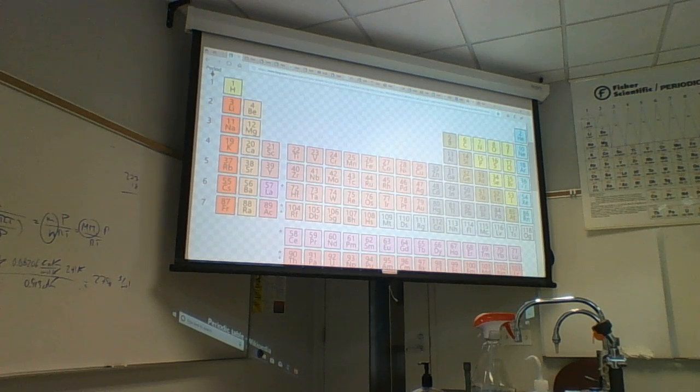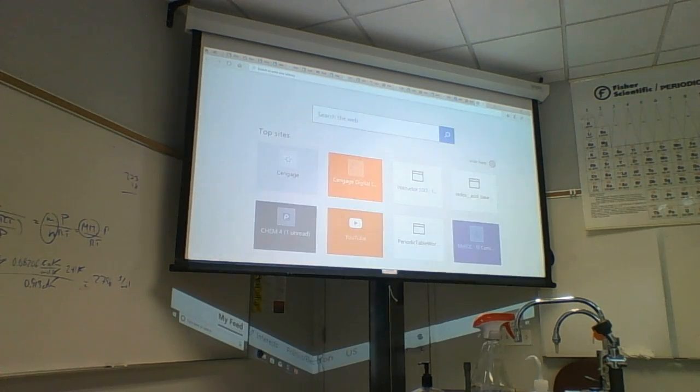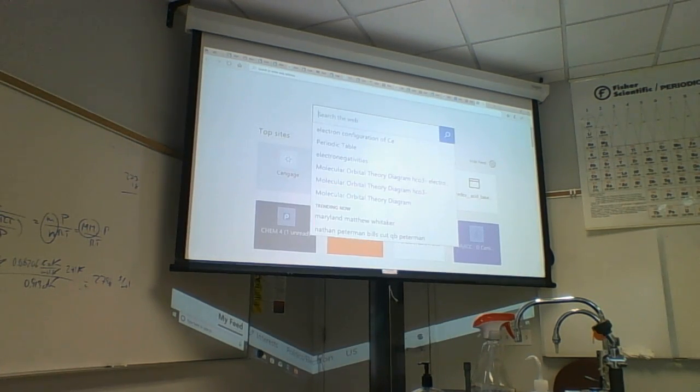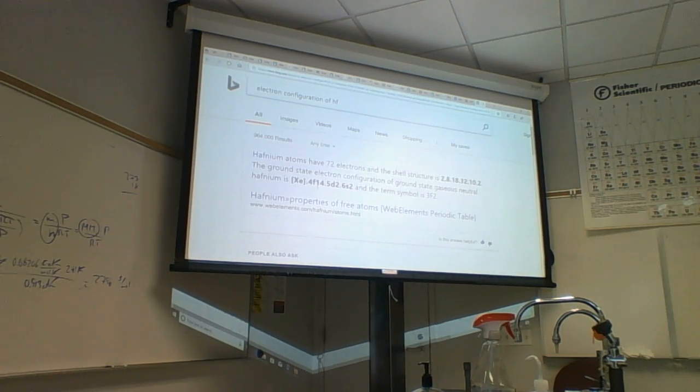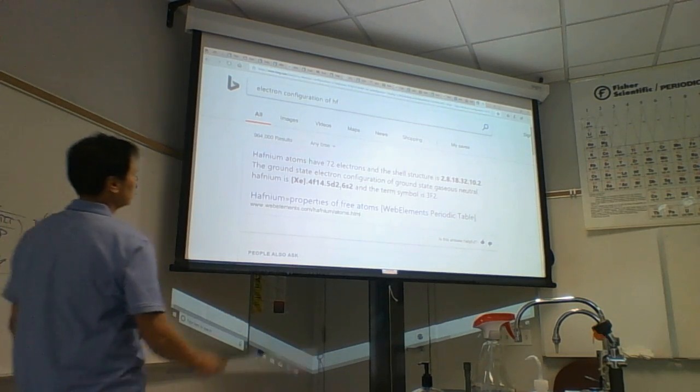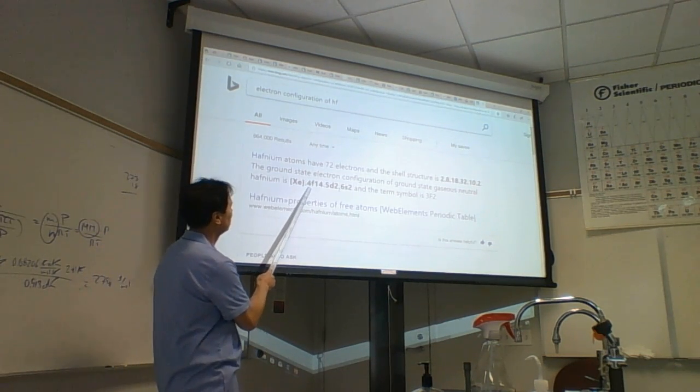And so if we go to hafnium, you'll see the electron configuration with hafnium. Here they're doing it like we would have done it.